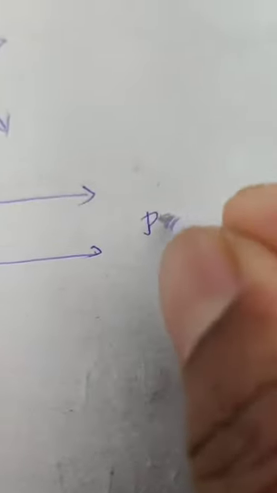And the second case, the two straight lines may be parallel. When you draw these two linear equations graphically, you may get lines like this. They are called parallel lines, and these two are intersecting lines.